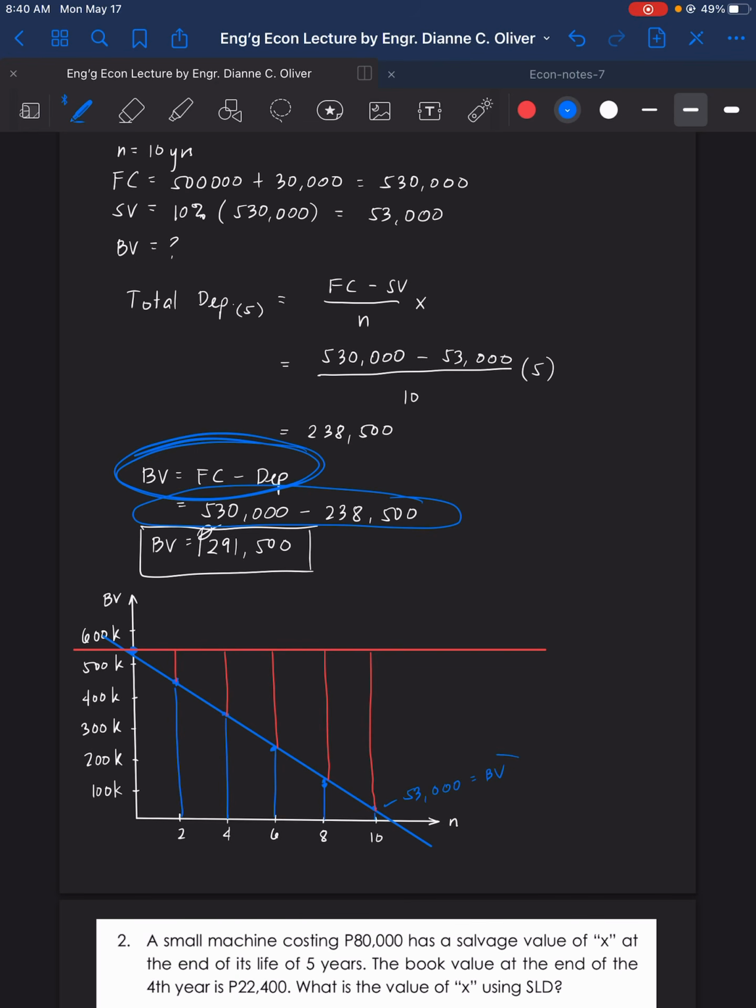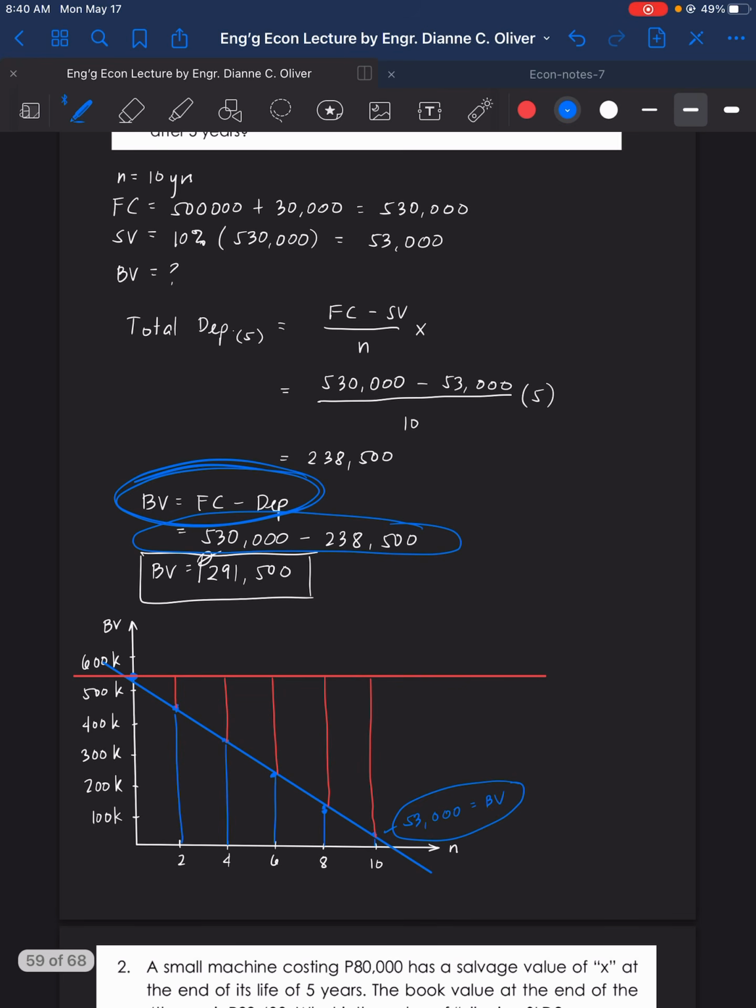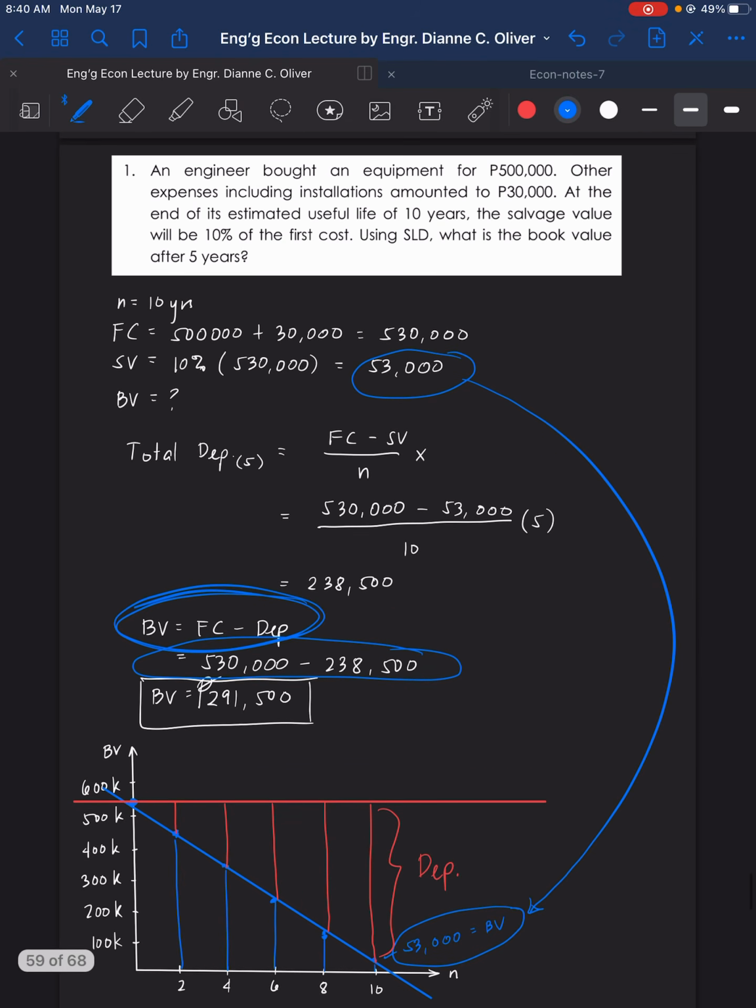And this 53,000 book value is actually the salvage value here. So the value of the equipment at the end of its life. So that's the relationship between the depreciation. So the red line is the depreciation and the blue line is the book value. So this is the simplest method in calculating for the depreciation. And this is how we compute for the value of the equipment in each year.